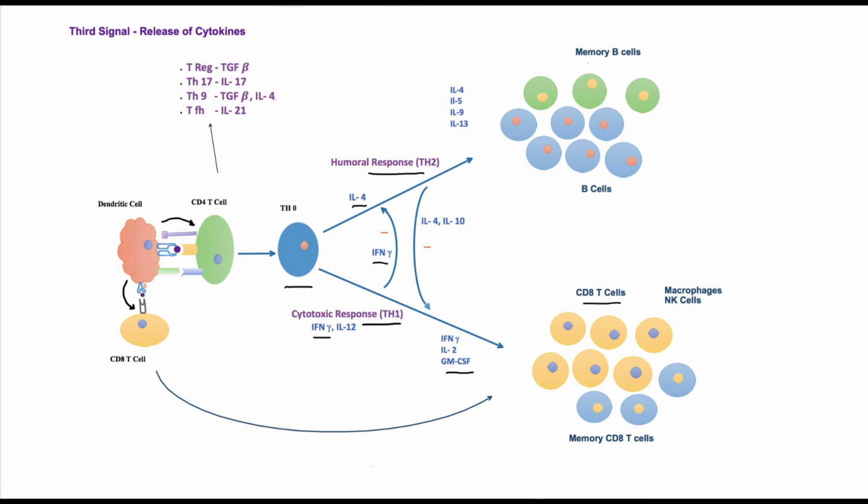These cells will then secrete other cytokines like IL-4, IL-5 and IL-13. These cytokines help in proliferation of B cells, class switching of antibody type, and conversion of B cells to plasma cells. Some of the B cells will then convert to memory B cells, like memory CD4 T cells in the cytotoxic response.